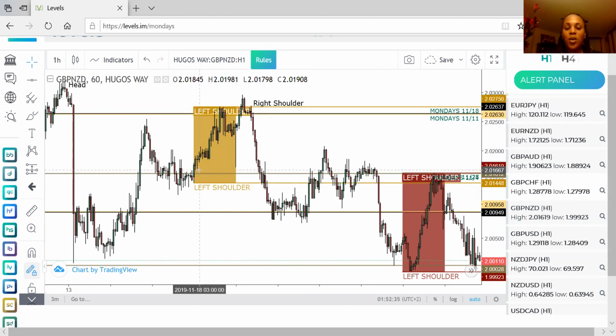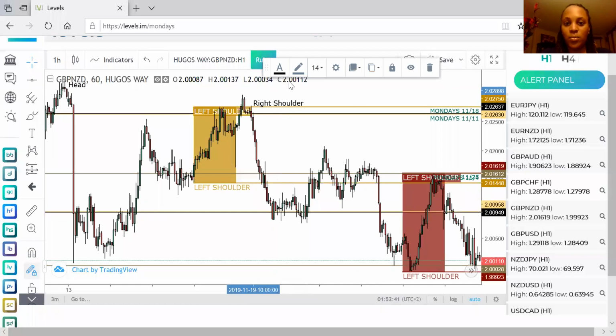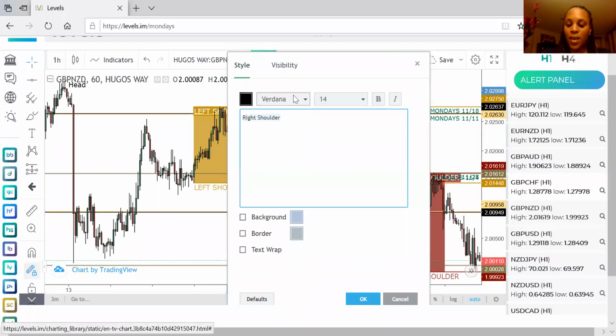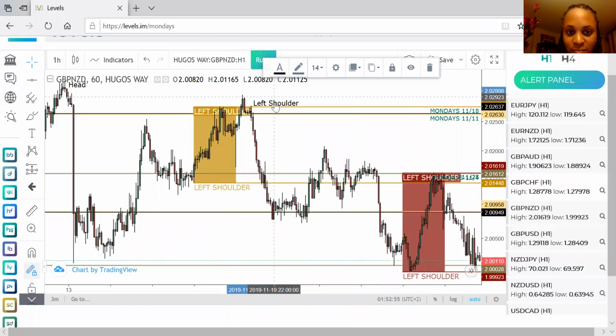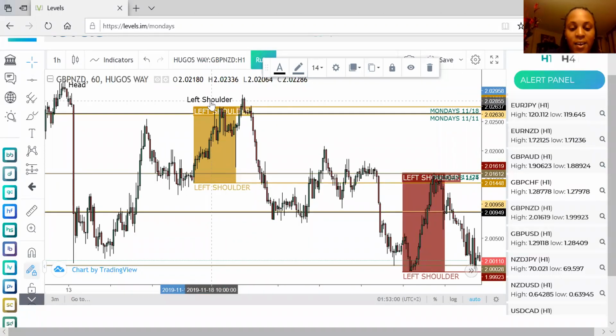This left shoulder now for this Monday was created, right? Which was a previous Monday right shoulder. Let's do this. Left shoulder. Fellas, ladies, hope you're following, right? Good. So you got the left shoulder there, right?